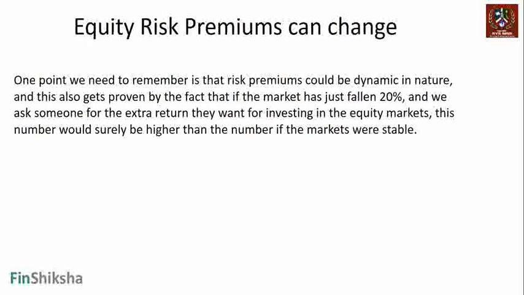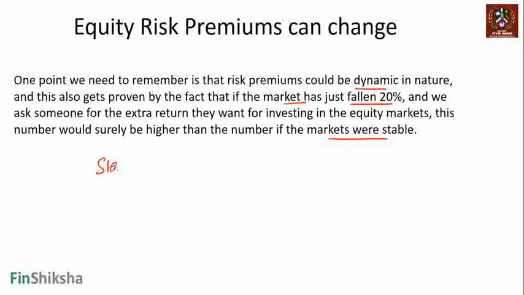Now, one thing we need to remember is that equity risk premiums are dynamic, and they could change from day to day. It gets proven by the fact that if the stock market has just fallen 20%, and then you ask someone what is the excess return that you would want for investing in equity markets, this number would be higher than if it was asked when the markets were stable.